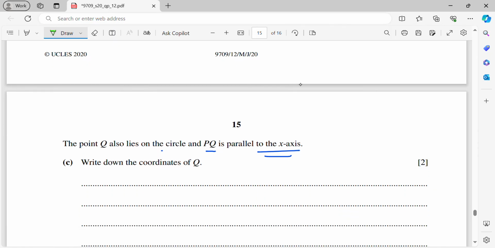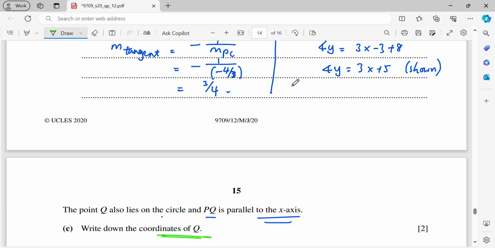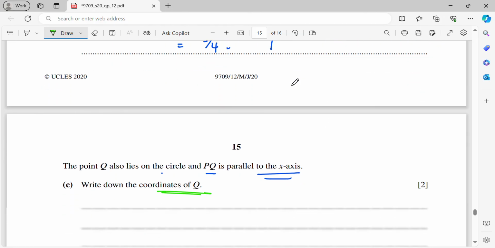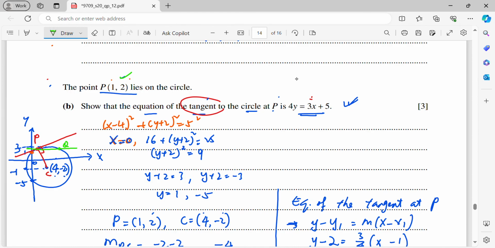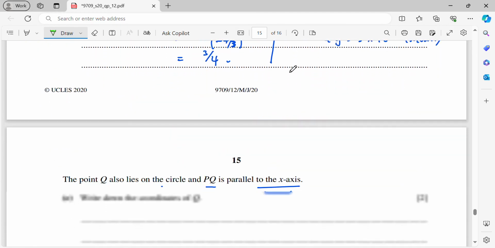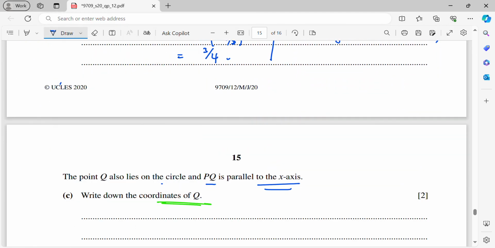Now write down the coordinates of Q. So the y coordinate of Q is 2, which I confirm because the y of P is 2. So now I will substitute y equals 2 into the circle equation.